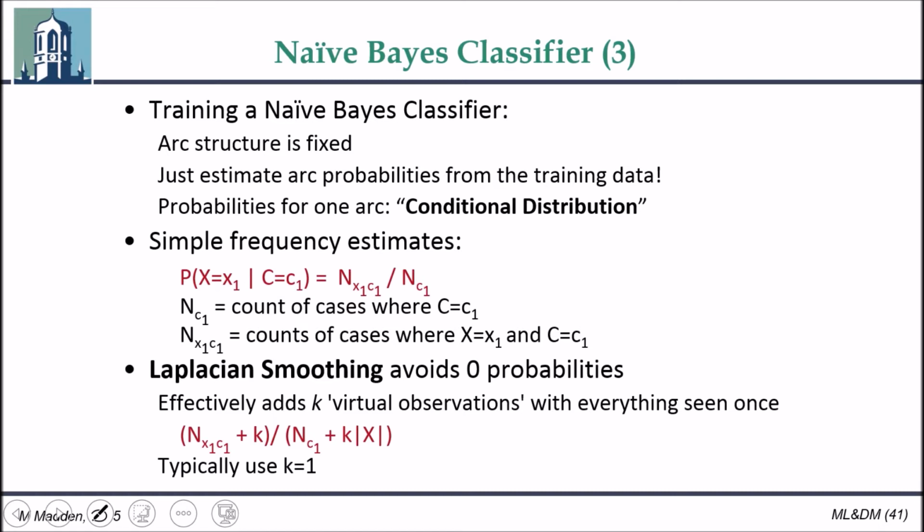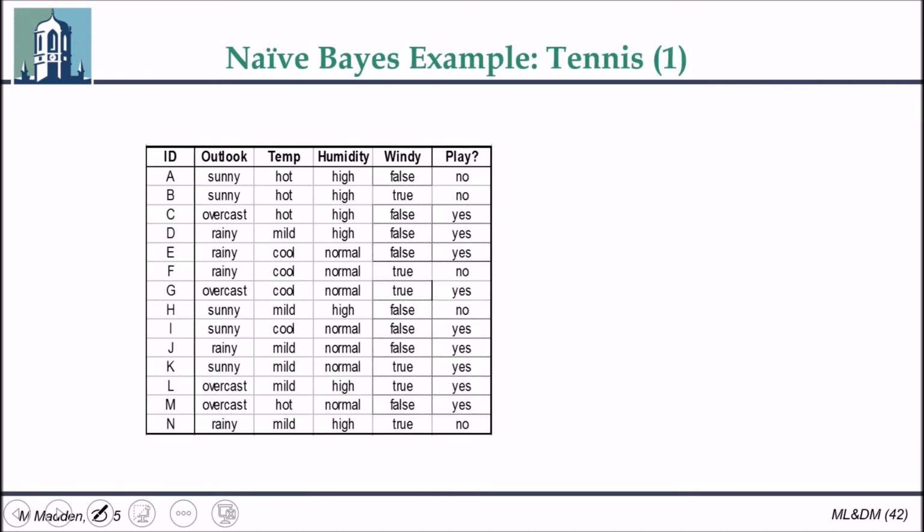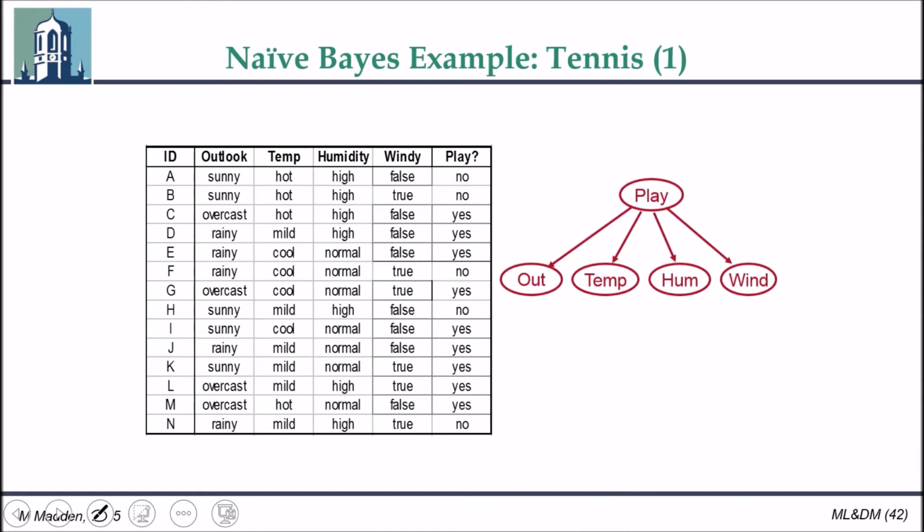But first, let's see how we will actually train a naive Bayes classifier. And to do that, we're going to go back to our old friend, the tennis example that we've used in multiple cases. So, the first thing we need to do is to come up with the structure of the classifier. Nothing to it. The structure of the classifier cannot be changed.